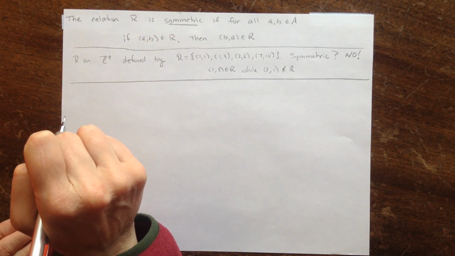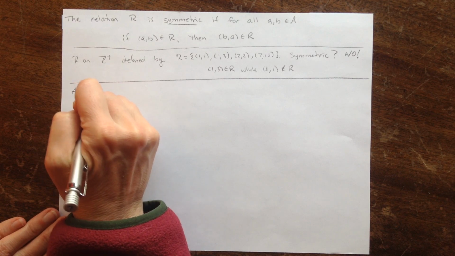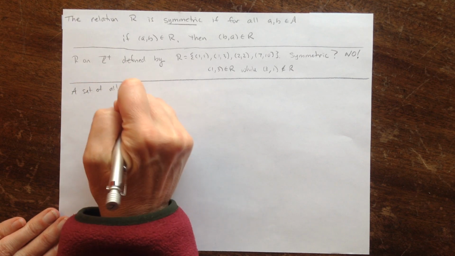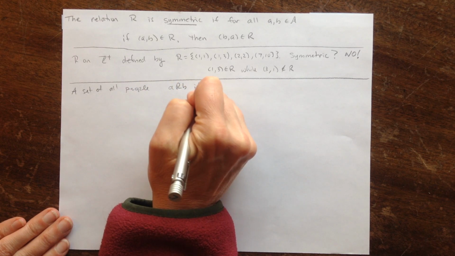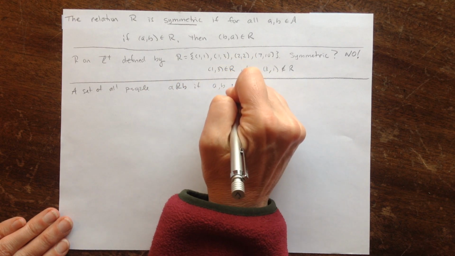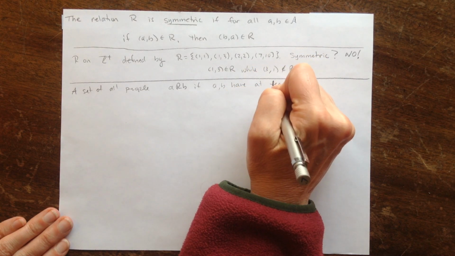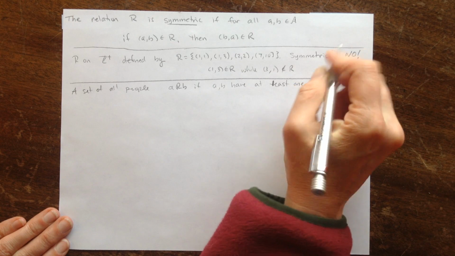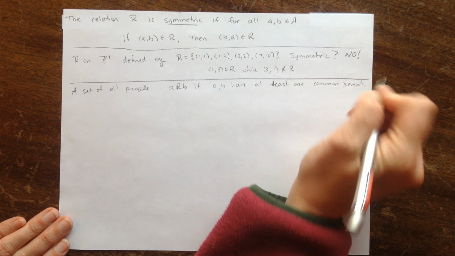The next one was the parents one. So A is a set of all people. A is related to B if A and B have at least one common parent.